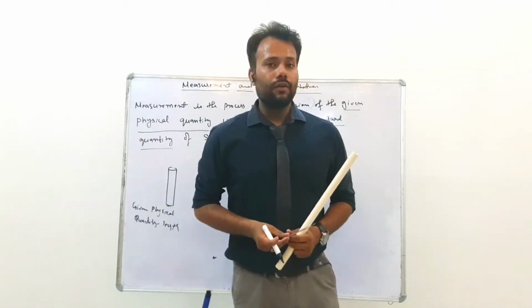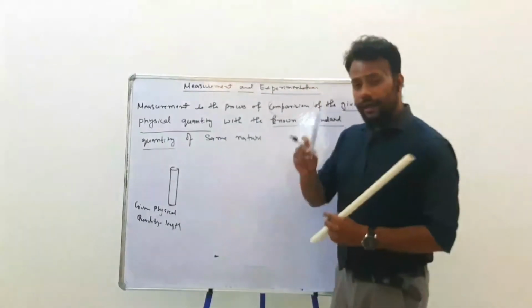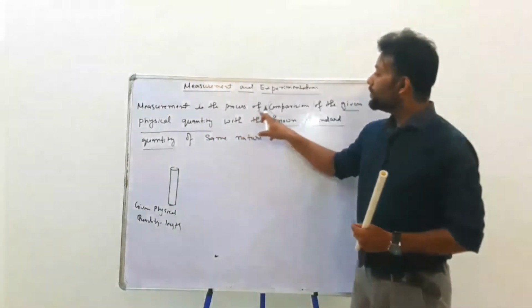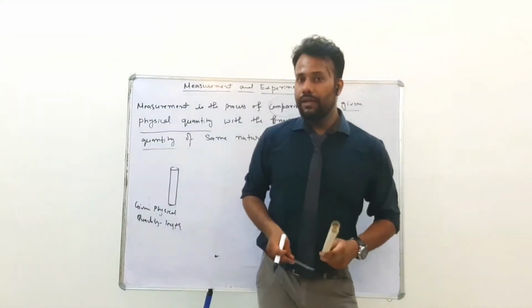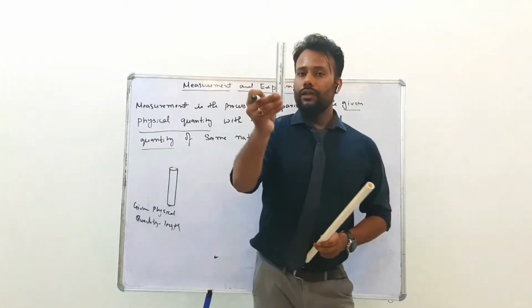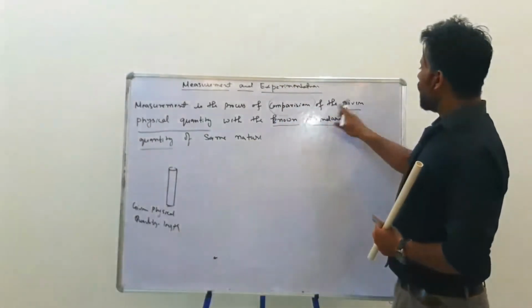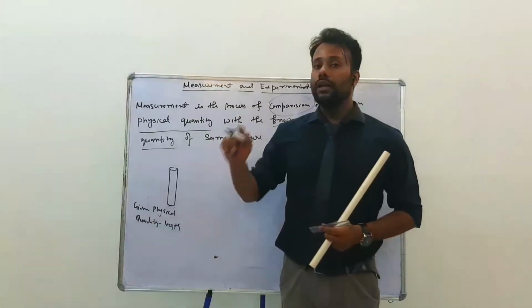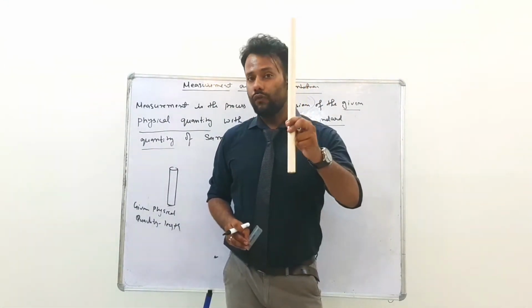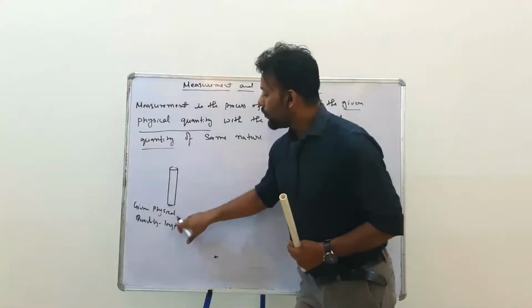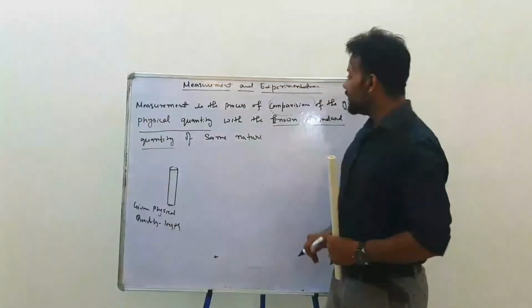So that's your measurement. Measurement is the process of comparison. As you see, I am comparing the length of the pipe with the scale. What is the physical quantity here, which is unknown? That is the length of the pipe. So the given physical quantity here is length.